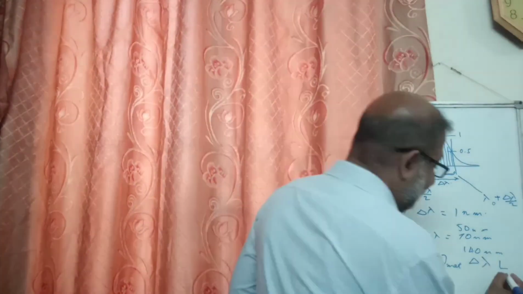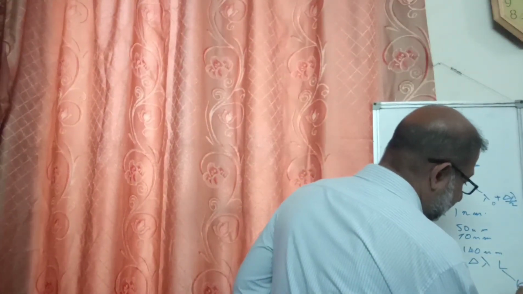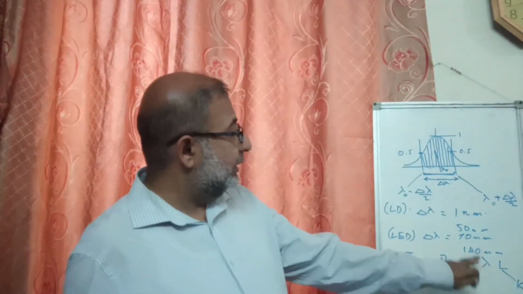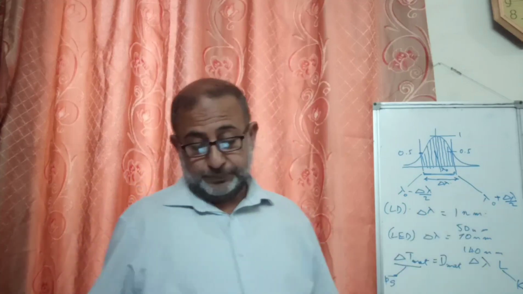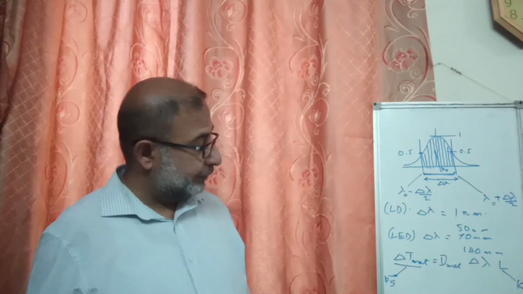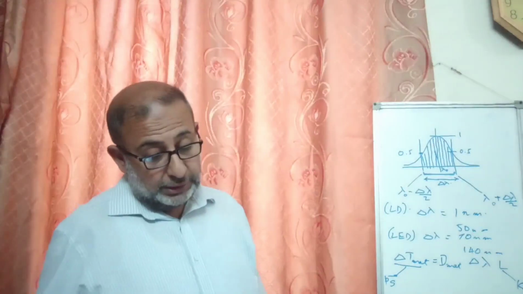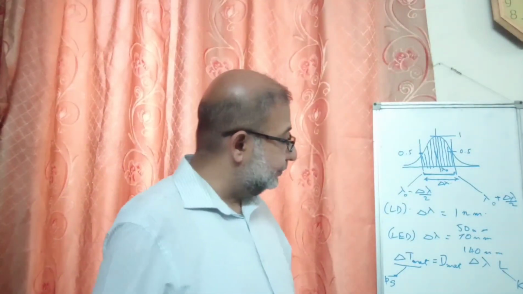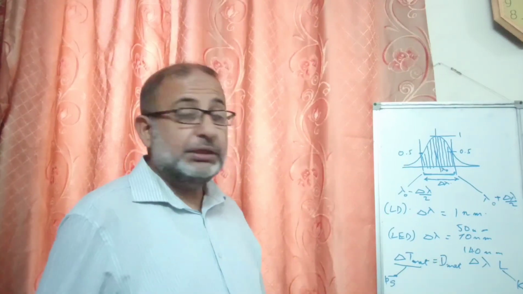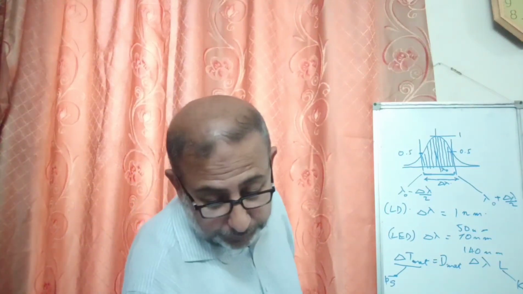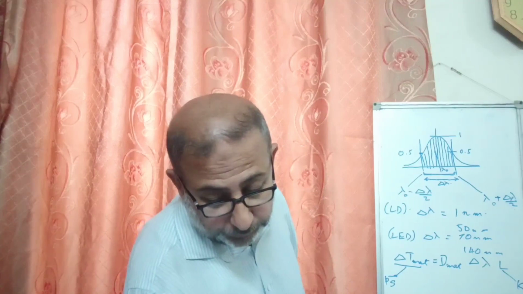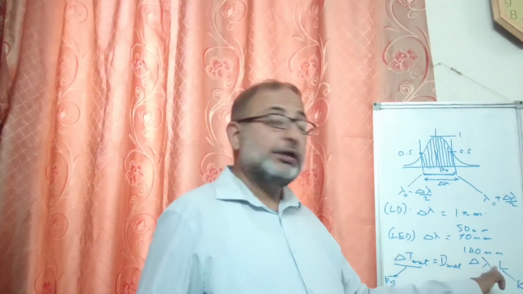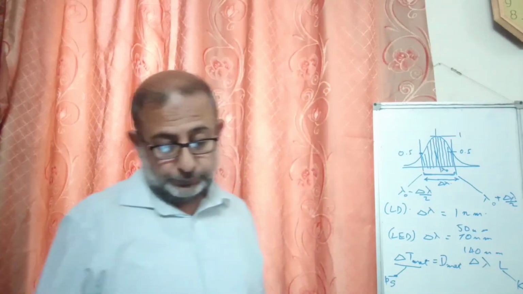And L is given in kilometers, and the result is found in picoseconds. So what is D material? D material is the material dispersion parameter. Delta lambda is the spectral width of the source.